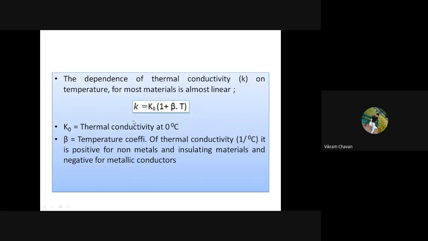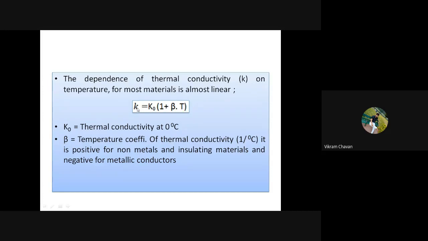This equation tells us that the thermal conductivity K at any temperature T will be equal to the thermal conductivity at 0 degrees Celsius, K naught, times the bracket 1 plus beta times temperature, where beta is the temperature coefficient.